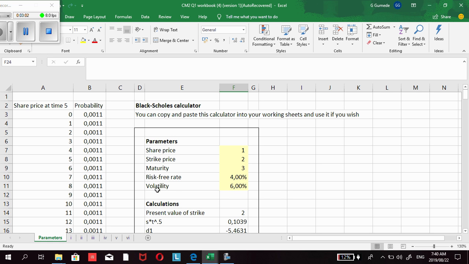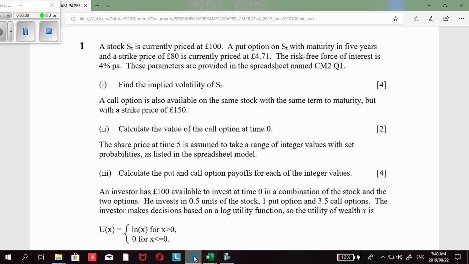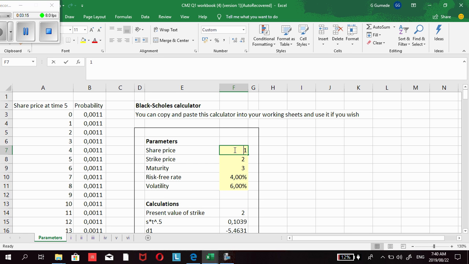In the question, they're looking for volatility. You are given in the question the share price to be 100, so that is what I'm going to substitute. I'm going to come here and put 100.